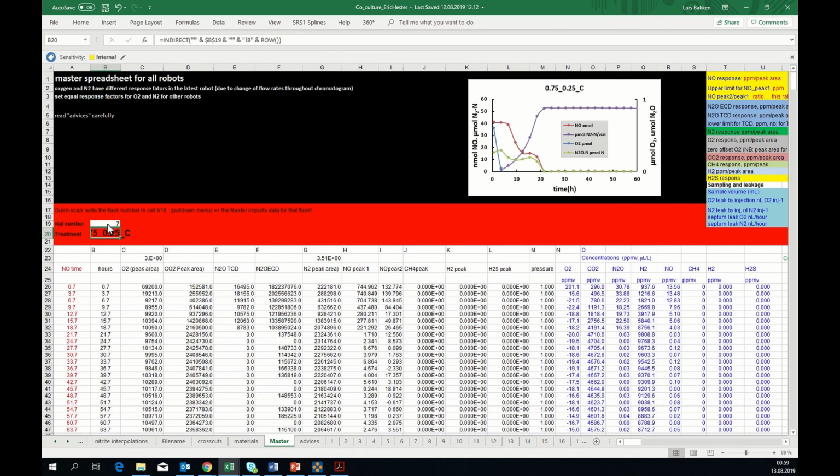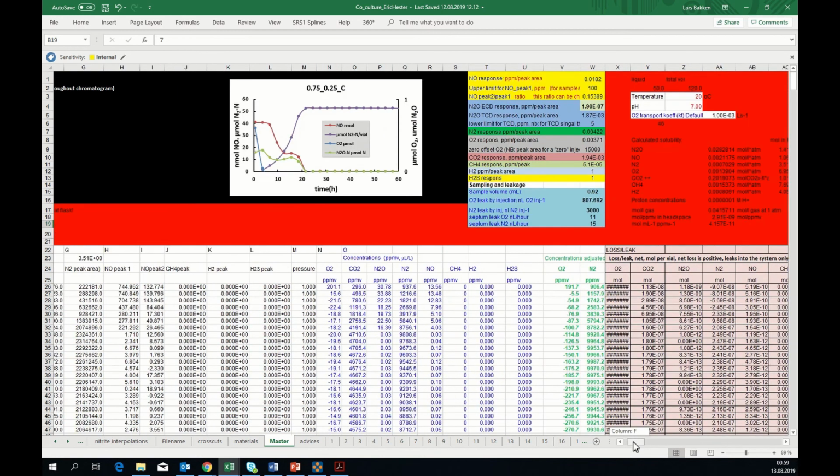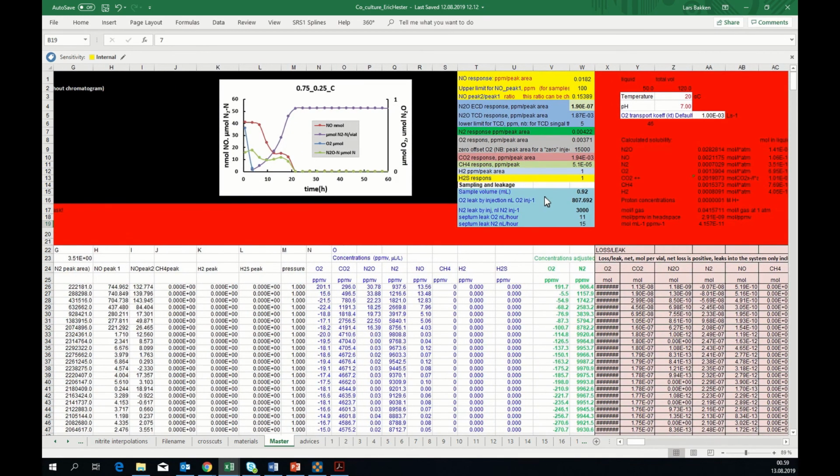We don't have to look into the experiment, but the point is that this is a way to inspect the entire set of data and also to set the parameters for all the vials.